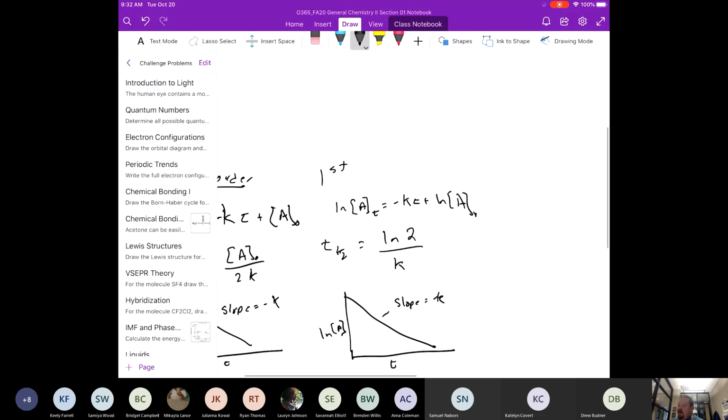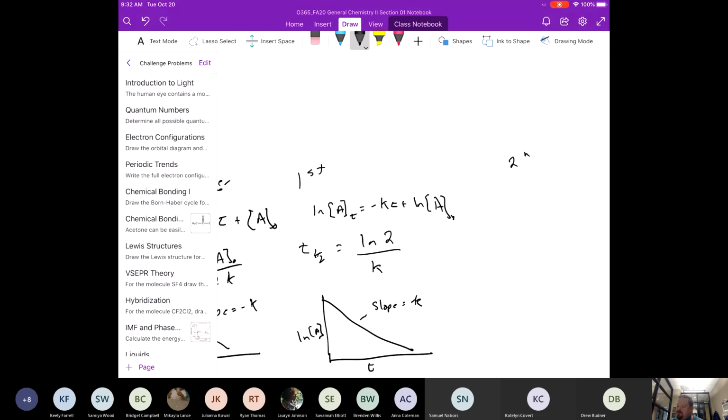And finally, we can look at the second order. We can say that 1 over the concentration after some time is equal to the rate constant k times t plus 1 over the concentration initially, where in this case our half-life is equal to 1 over the rate constant k times A naught.